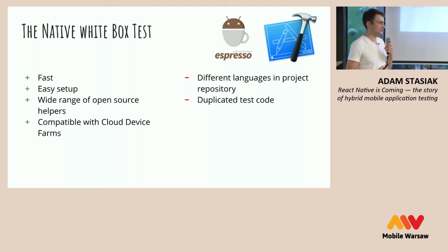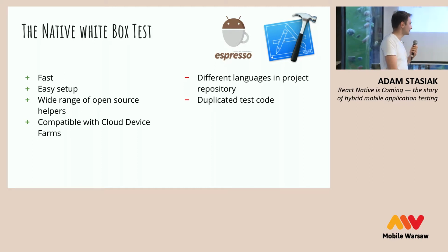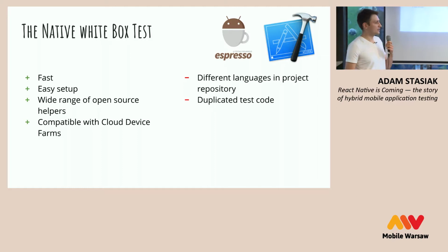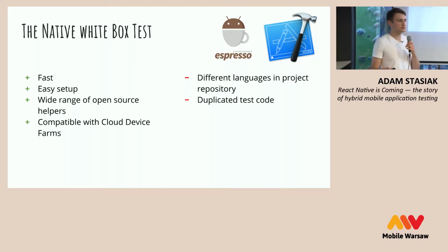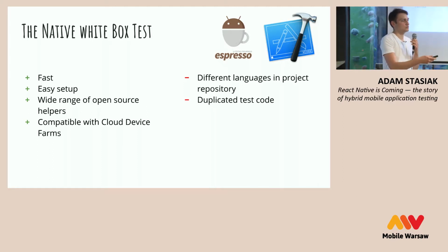From my experience, when we suggested this approach to the clients, they were not happy with this approach. They wanted to have only one code inside the repository. Of course, there's another big minus in this approach. We have duplicated test code. I mean, we have to write the same scenarios for two platforms 2 times. So if we will have to put some changes in test scripts, we have to do this 2 times.